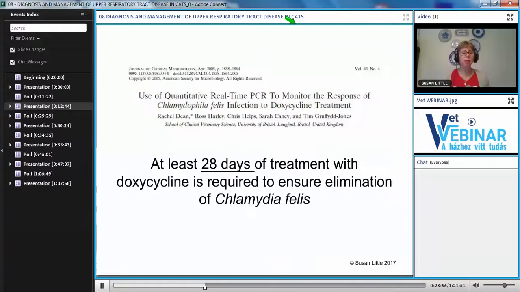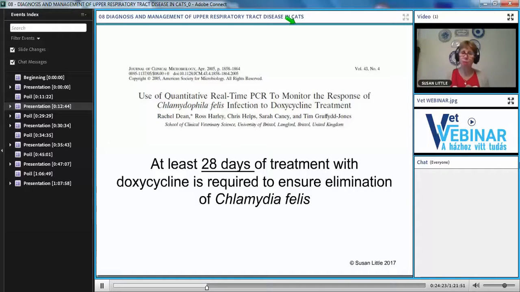So one thing that we did learn with regard to treatment of chlamydia, that it requires longer term treatment than we used to think in the past, although this information's been in the literature now for about 10 years, but still it's not as well recognized as I would like. So remember when I talked about acute disease, I mentioned that we would typically treat those patients for 7 to 10 days.